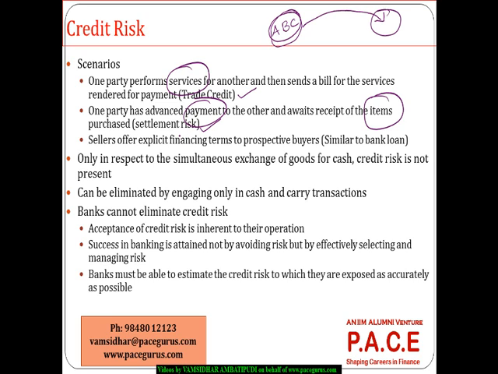One side has made the payment, and the other side is yet to settle that payment by the delivery of goods and services. Even there is a possibility that the person who has taken the money in advance might not deliver the product. So even that is an example of credit risk.